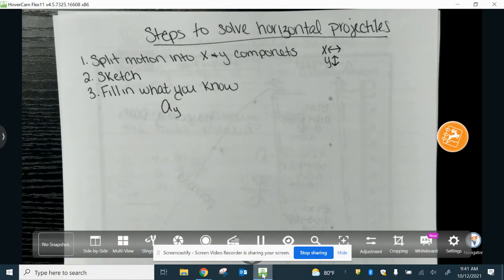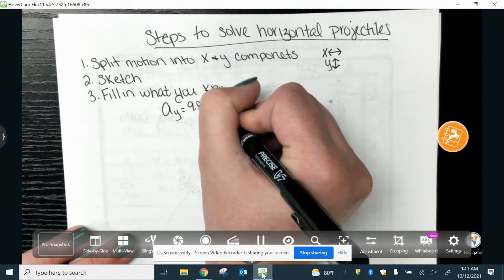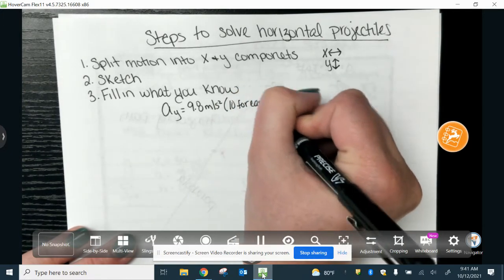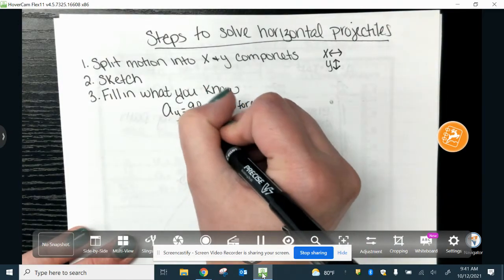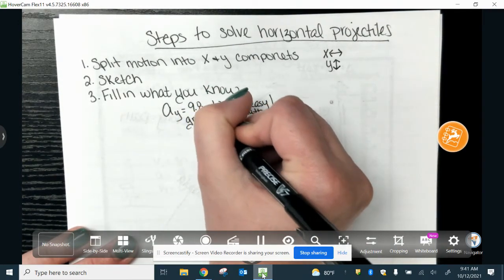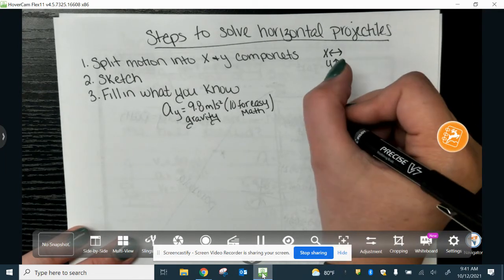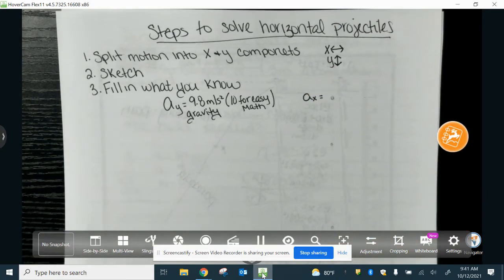It's really 9.8. We're doing easy math, so 10. And we call this gravity, and we know it. So, in the y direction, it's being acted on by gravity.